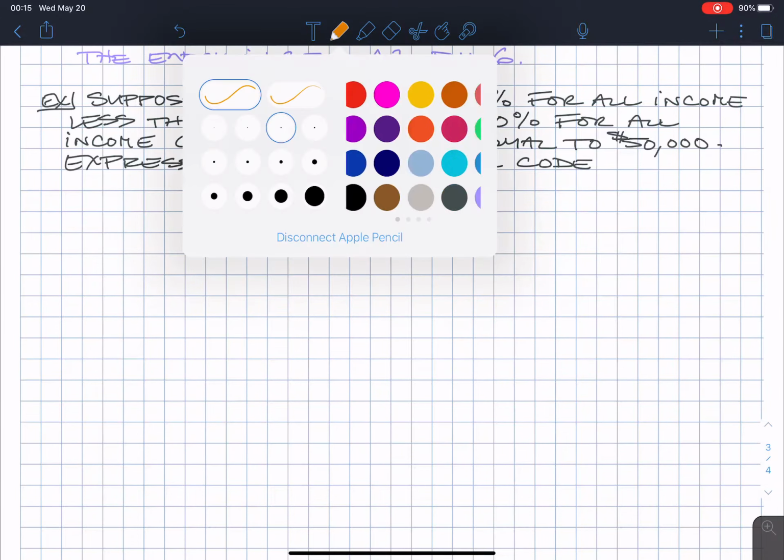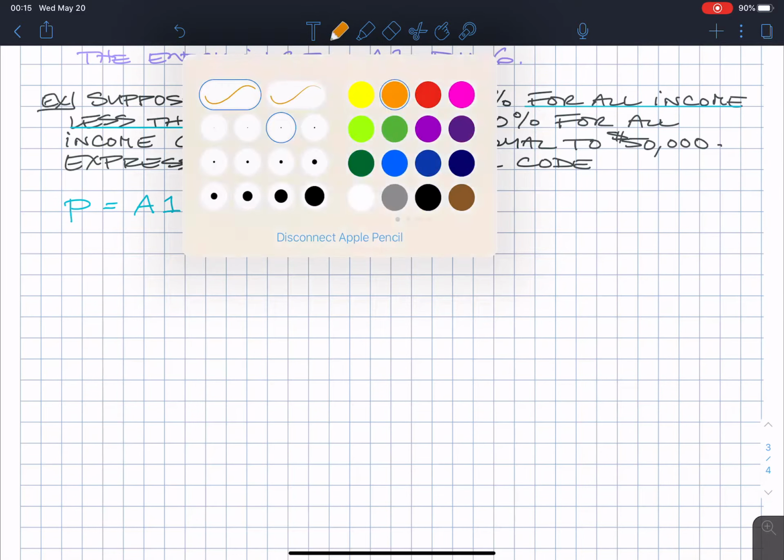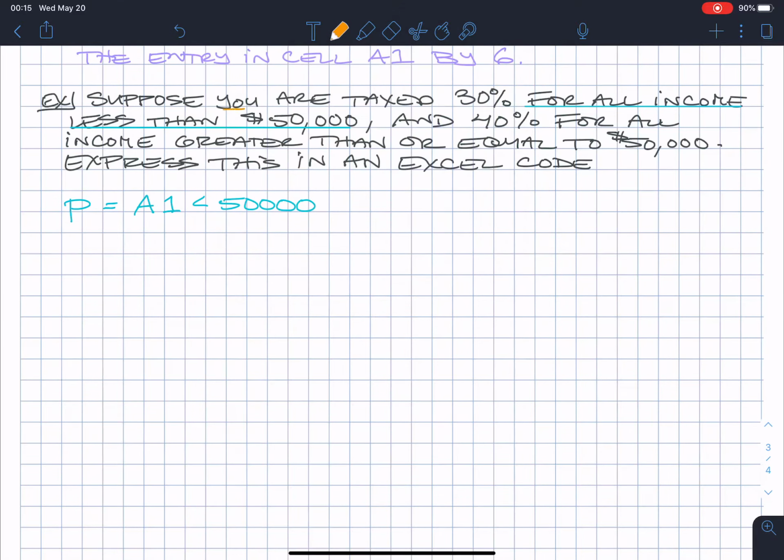For all income less than $50,000, let P be equal to A1 less than $50,000. So if that's the case, then do you agree I will be taxed at 30%?